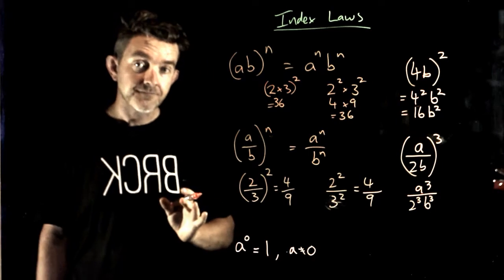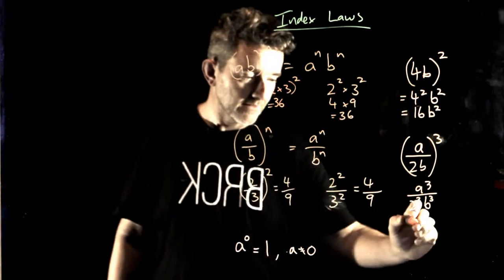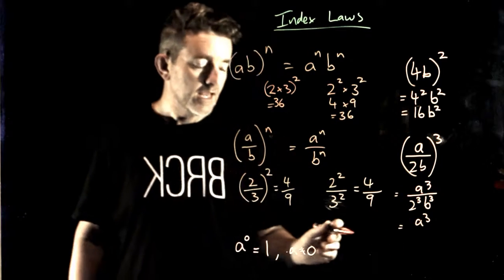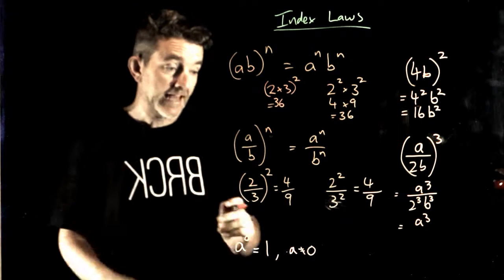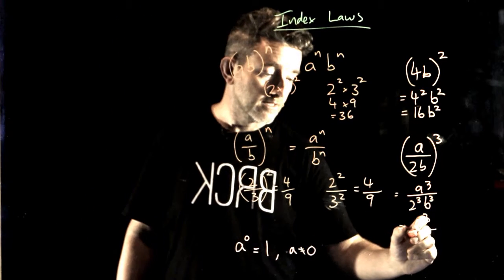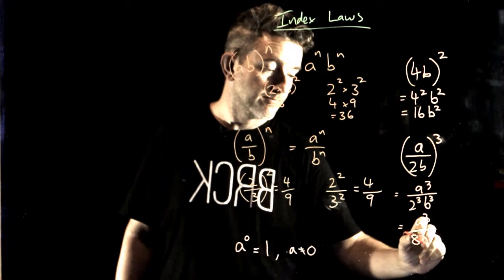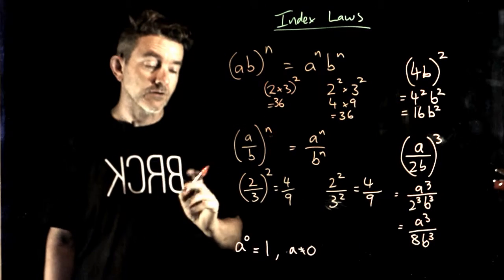So I'm doing it to everything. A cubed is just a cubed, you can't do anything with that. And 2 cubed is 2 times 2 times 2, that's 8. And b cubed is just b cubed. Okay, you might find some trickier ones in the book, have a go at it.